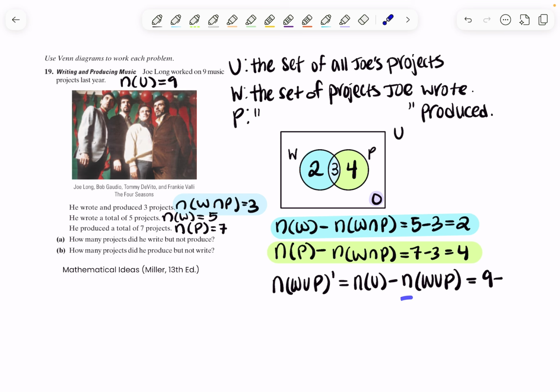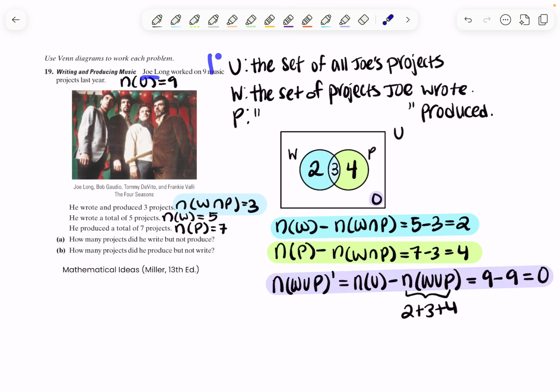And then we're looking at the number of elements in this region over here. So if you look at the Venn diagram, union just means putting them all together. So you take set W, and you take set P, and then you're looking at the number of elements in this region. That's 2 plus 3 plus 4. So in total, that is 9. So you could say this is 9 minus 9, and that gives us 0. And that is how we get that answer.